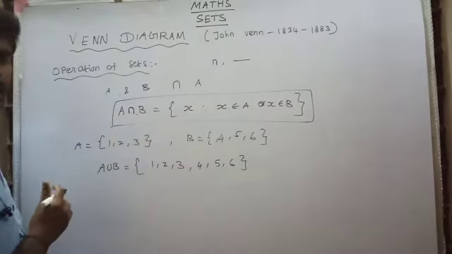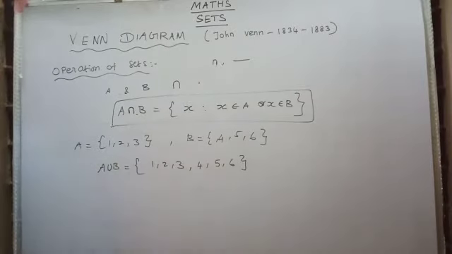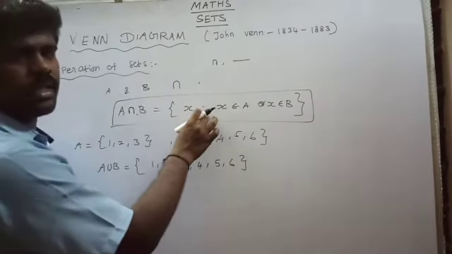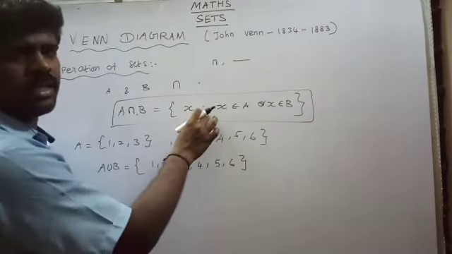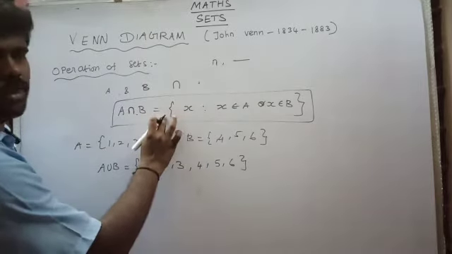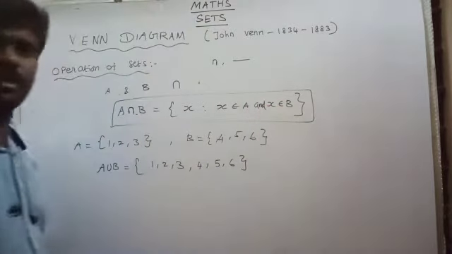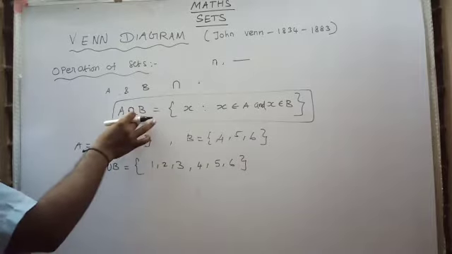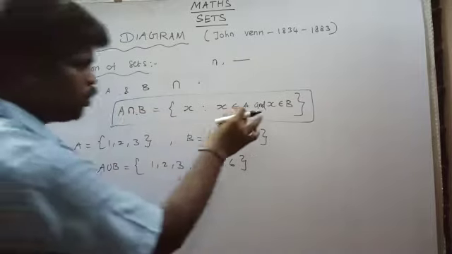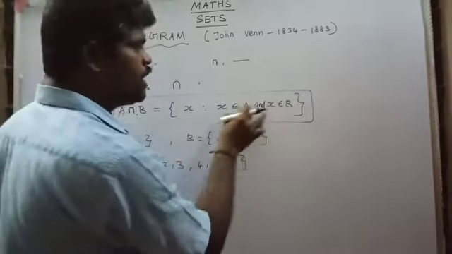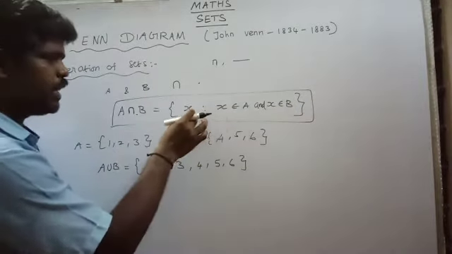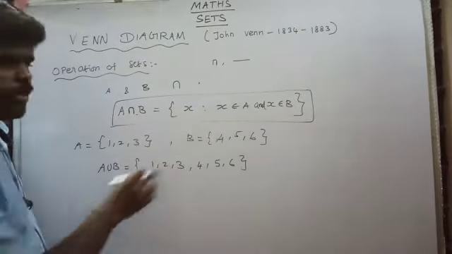So this is A intersection B. A intersection B is equal to the set of x such that x belongs to A and x belongs to B. If we want to write the intersection, both sets have the common element, x belongs to A and x belongs to B, and we can write A intersection B.